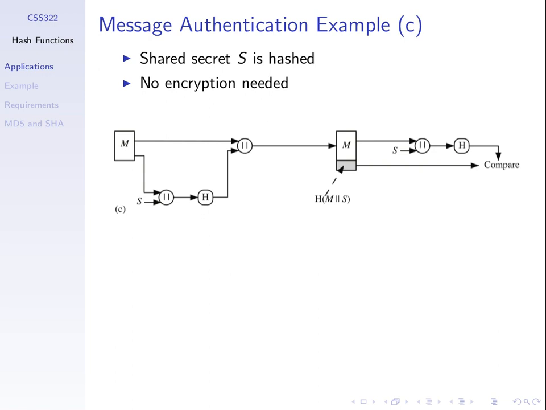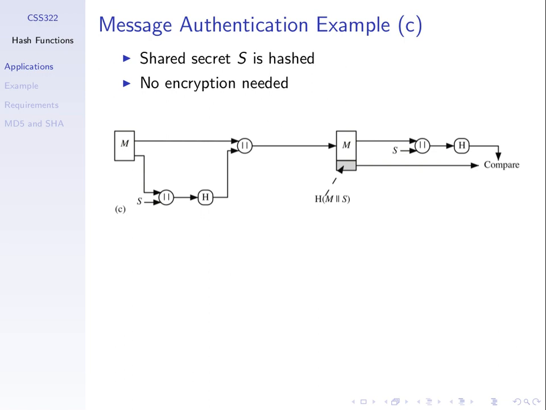They need to find s, because if they find the secret, the system can be defeated. How do they find s? Here we have a function, h equals the hash of something, where that something is m concatenated with s.